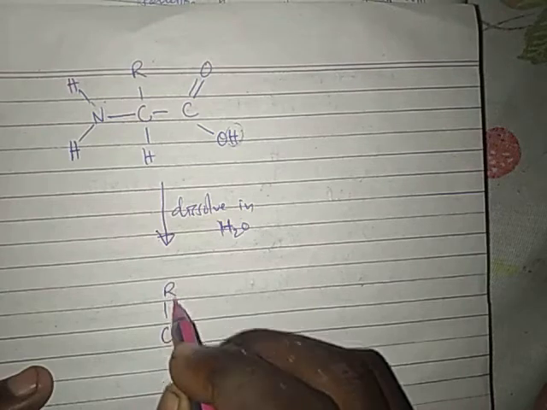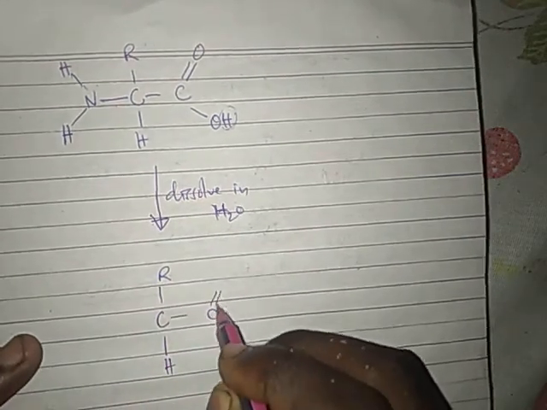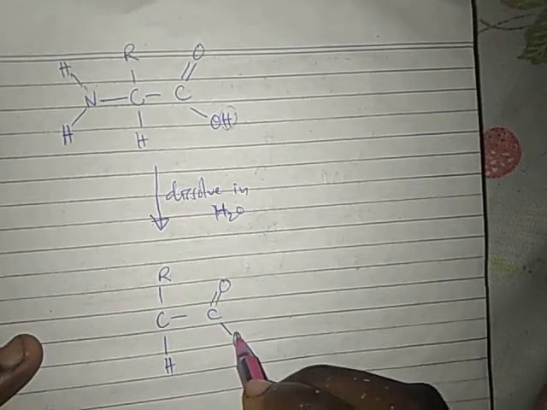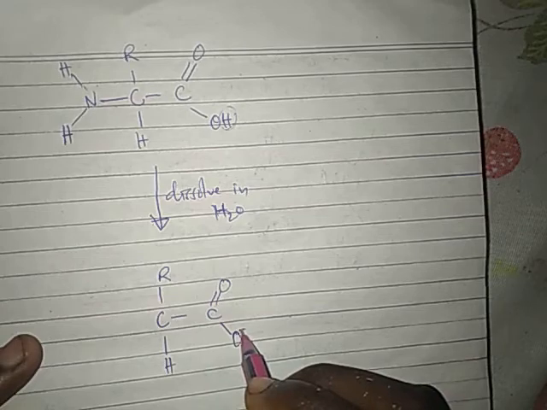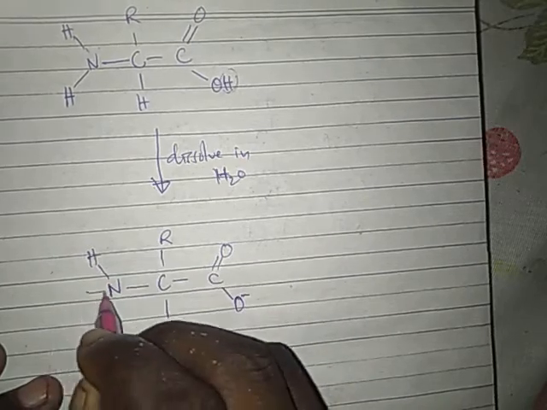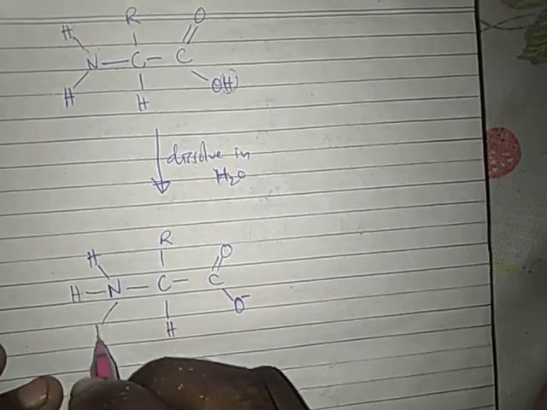So what will happen here, it will be carbon, then R, then hydrogen, then carbon, double bond oxygen, then O. Now this will become negatively charged, and then you will have nitrogen, then hydrogen, then hydrogen.